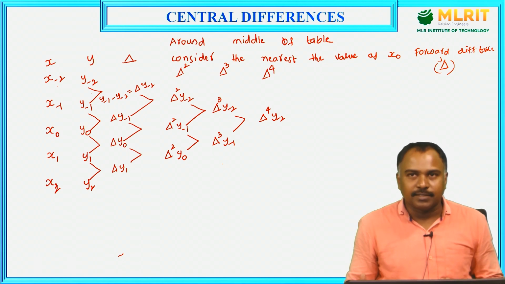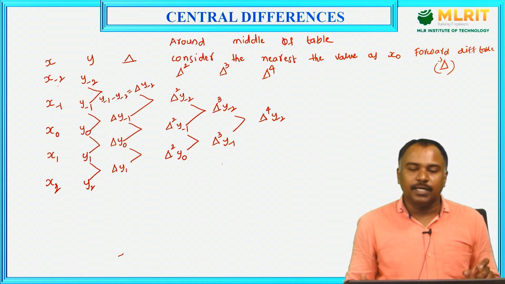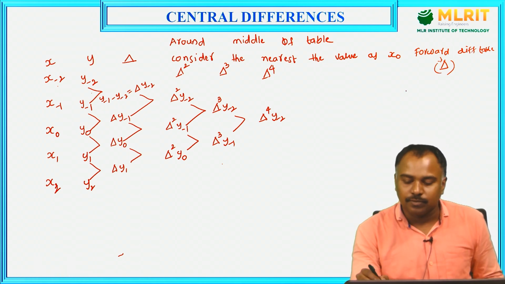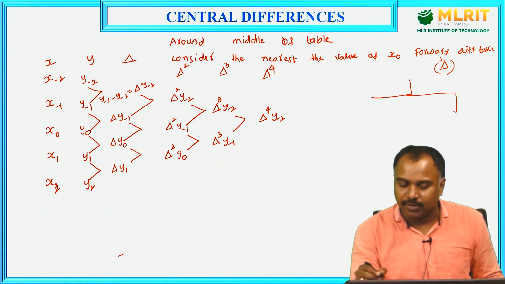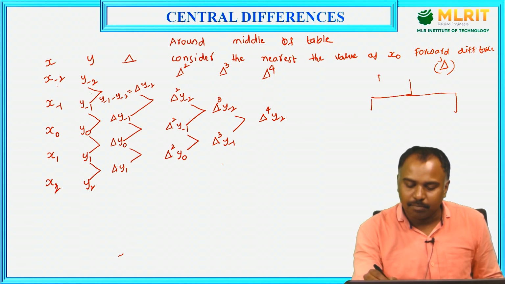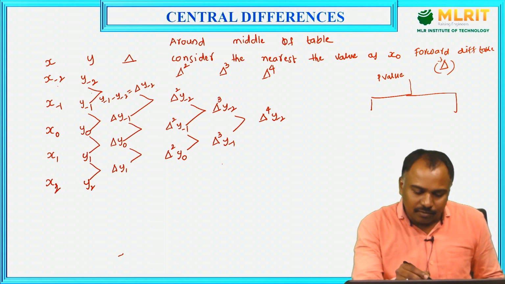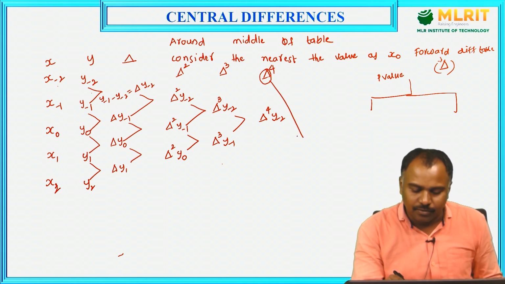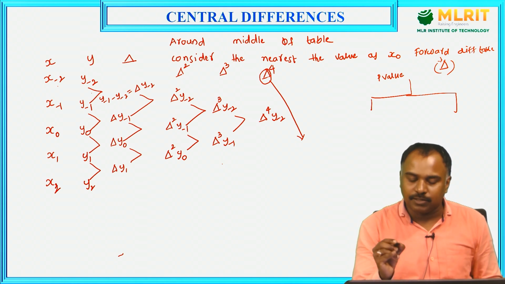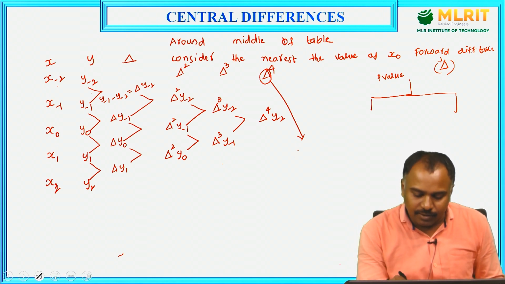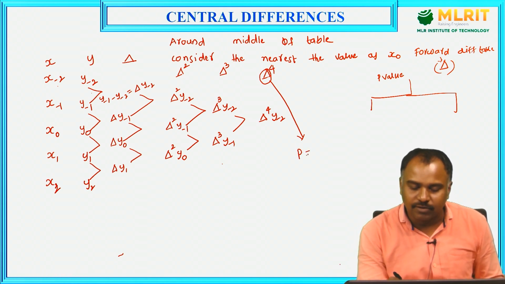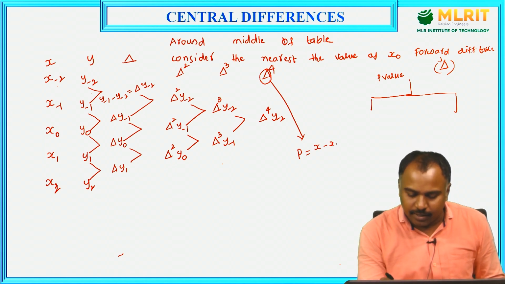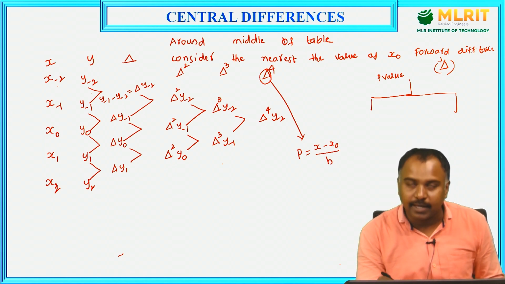After constructing this table, we are going to use two categories of formulas based on the p value. The p value we can evaluate using the formula p equals x minus x naught divided by h.